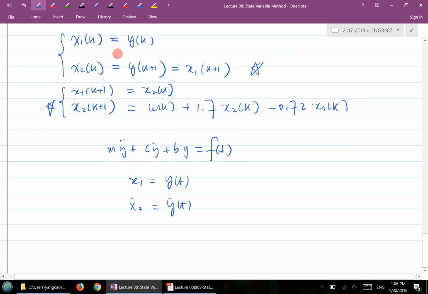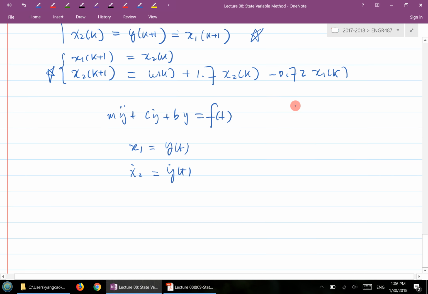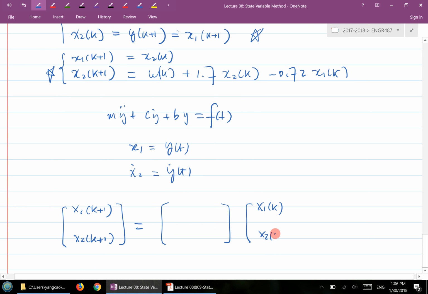These two equations you can rewrite using the linear, the LTI, linear state space model. So let's look at these two equations, how we can transform them into the state space model.